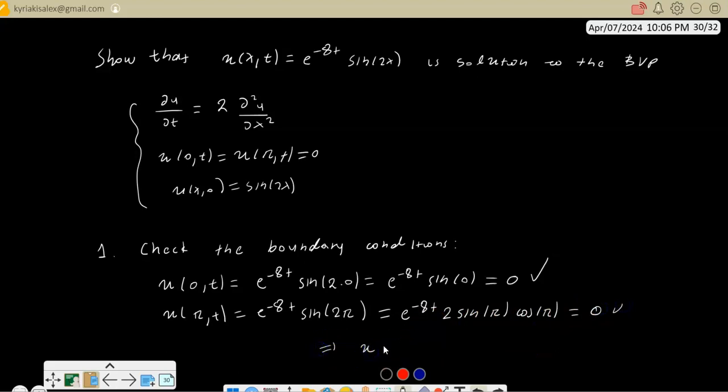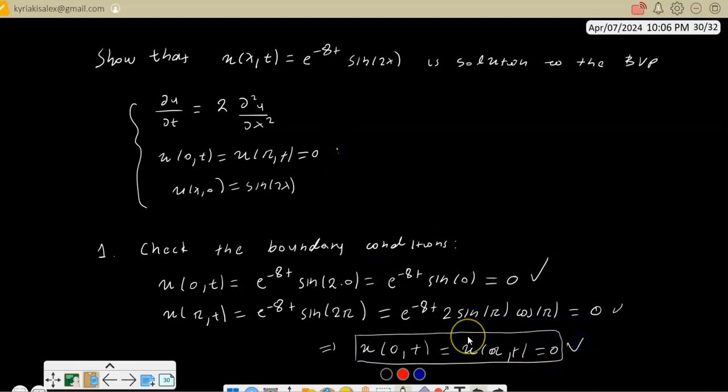So from here, the boundary condition at x equals 0 is the same as the boundary condition at x equals pi. So my function is 0 for these values. So these boundary conditions are satisfied.